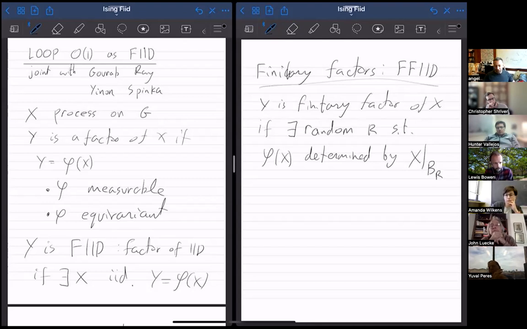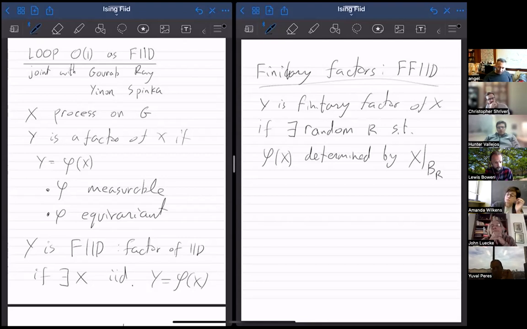The simplest examples are block factors, where you have a constant r, so Y at a point is just some fixed function. For example, you might take the maximum of the process X over the ball of radius r. But there are examples that are finitary but not block factors.